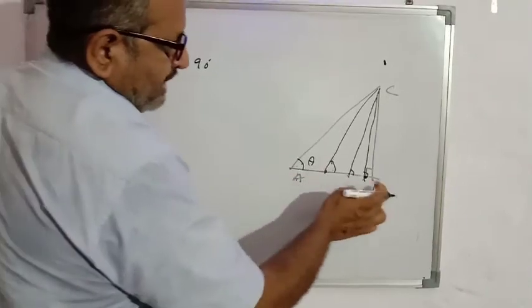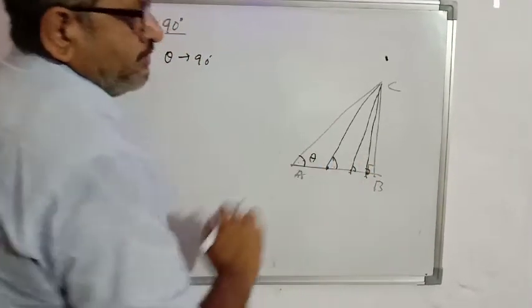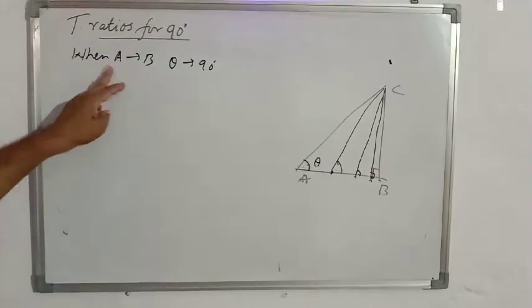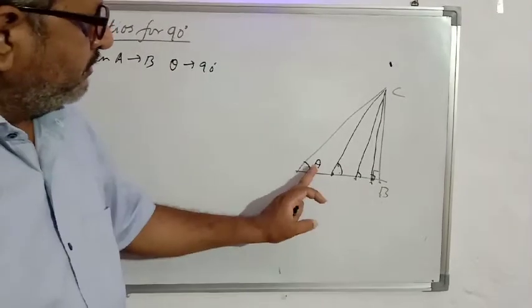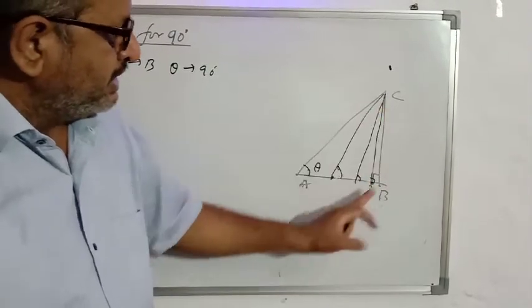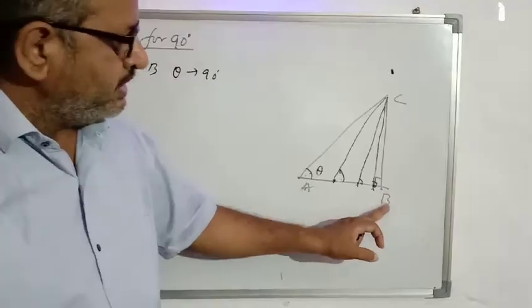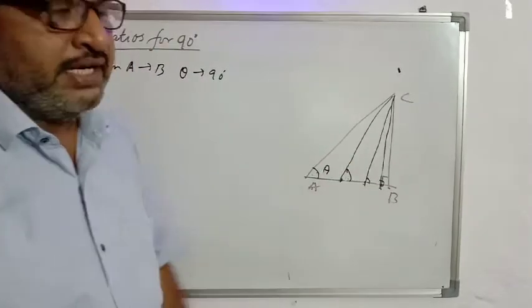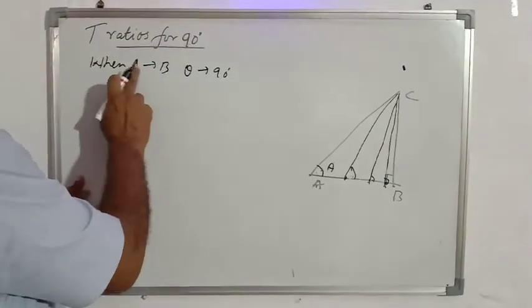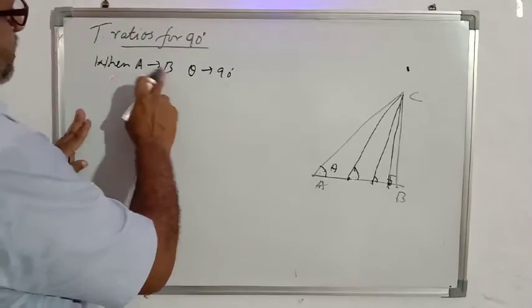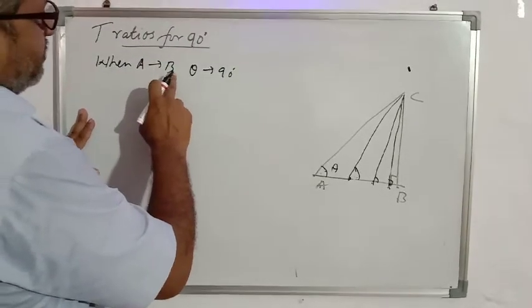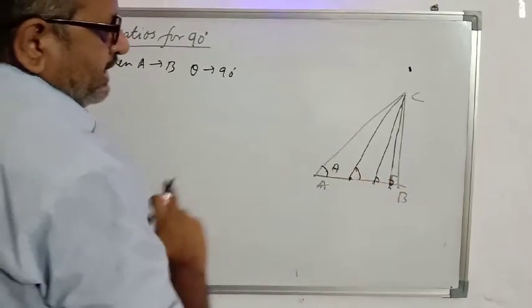And when A coincides with B, this theta will become 90 degrees. So here I have written when A tends towards B, theta moves towards 90 degrees.